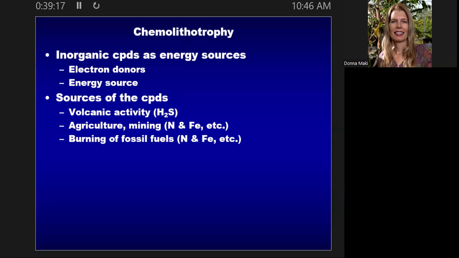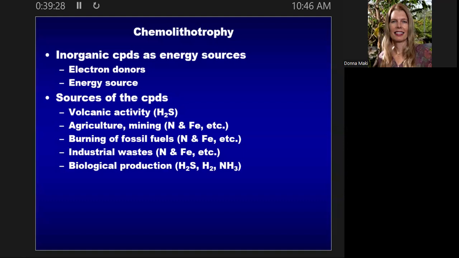Just our burning of fossil fuels creates inorganic chemicals that the microbes can use. All kinds of industrial waste products that we've spewed out into our lovely environment. And then other microbes doing their thing can produce inorganics that a nearby neighbor would say, oh, I like that. I'll use that as an electron and energy source.